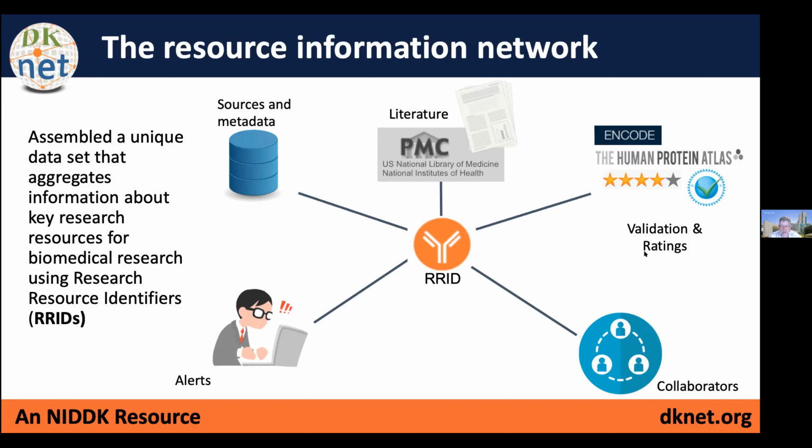For example, if there's any validation information, or any information about problems associated with the resource, we can pull those in. Based on the literature, we can also pull in information about who else is using that specific resource, and then bundle that up and provide alerts, for example, to the researcher.